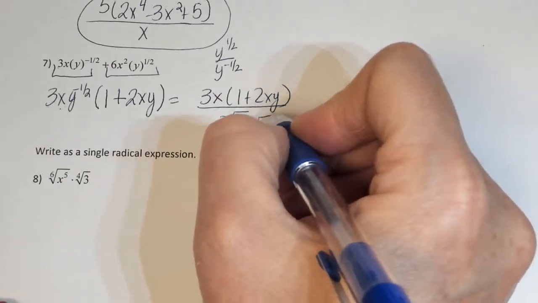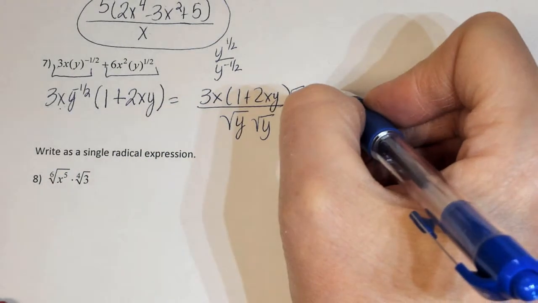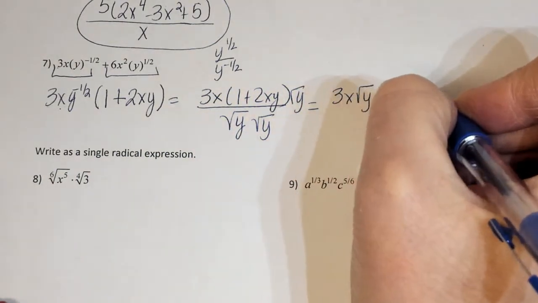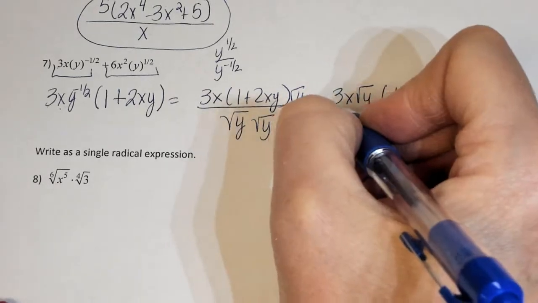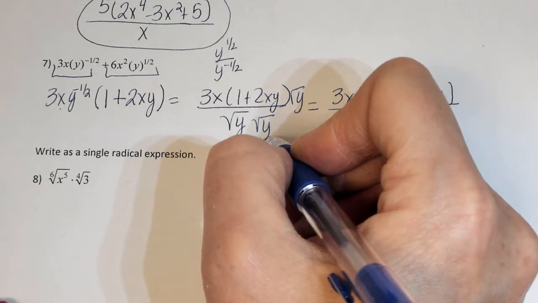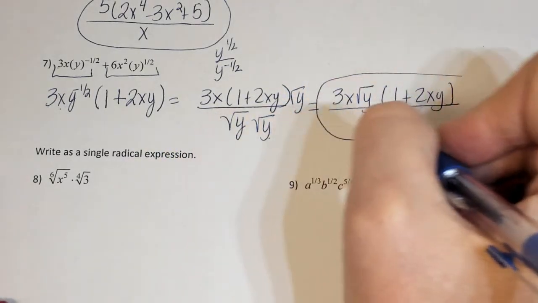So I'm going to multiply by radical y on top and bottom. And so this is going to be 3x radical y, 1 plus 2xy, over radical y times radical y is radical y squared, which is just y.